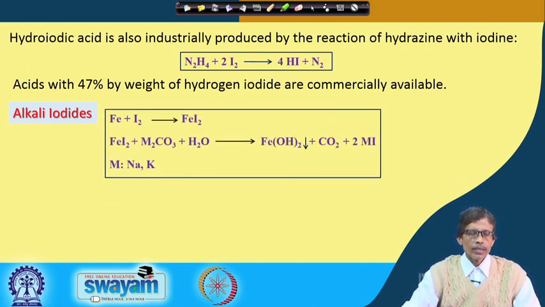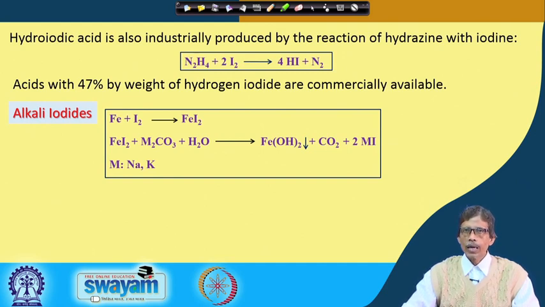There is an industrially available procedure for making the corresponding alkali iodides, sodium iodide and potassium iodide, through some direct reaction which is also very useful for making another new compound.